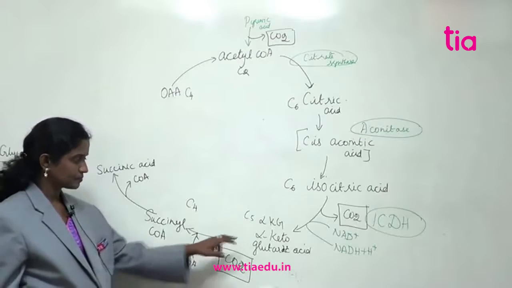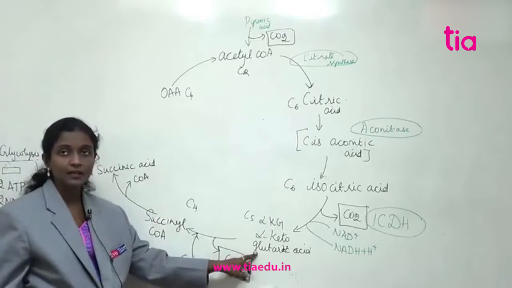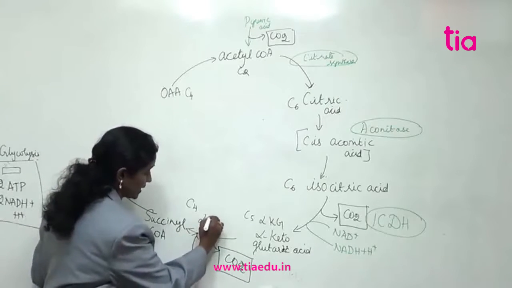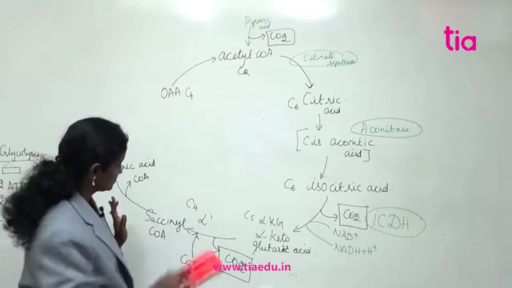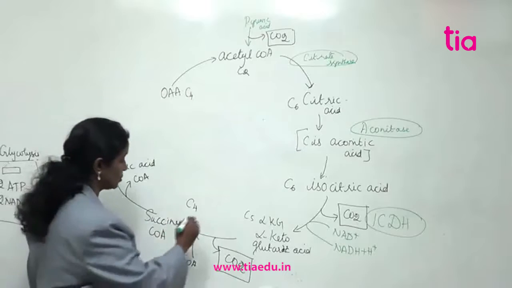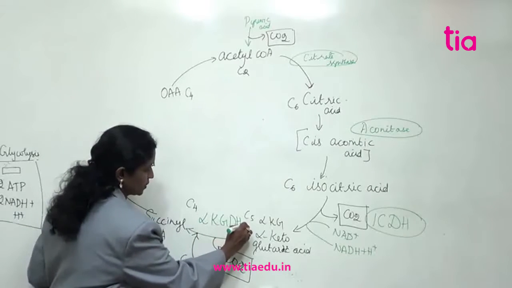Again, alpha KG, this is ICDH we said. Again, this is going to be alpha KG DH, which is alpha ketoglutaric acid dehydrogenase. The enzyme which is going to catalyze is again a dehydrogenase. Are you all working out in your notebooks? Alpha KG DH or DHase, whichever you prefer.